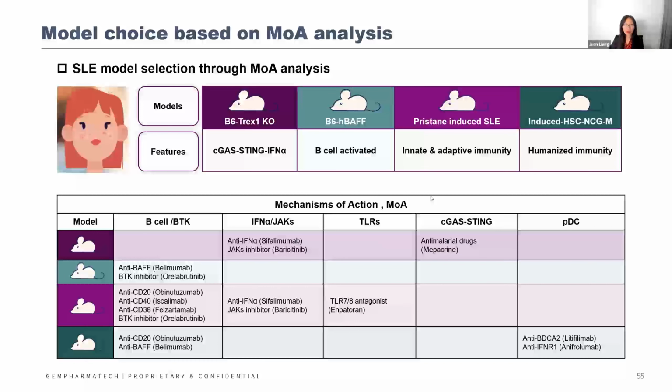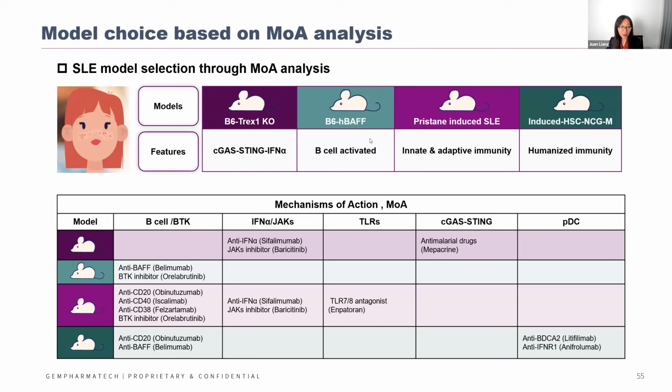So here is a brief summary. We have generated 4 different SLE animal models. Each animal model has distinct pathogenic mechanisms. Like the TREX1 KI mice, it is featured with activation of cGAS-STING type 1 interferon.